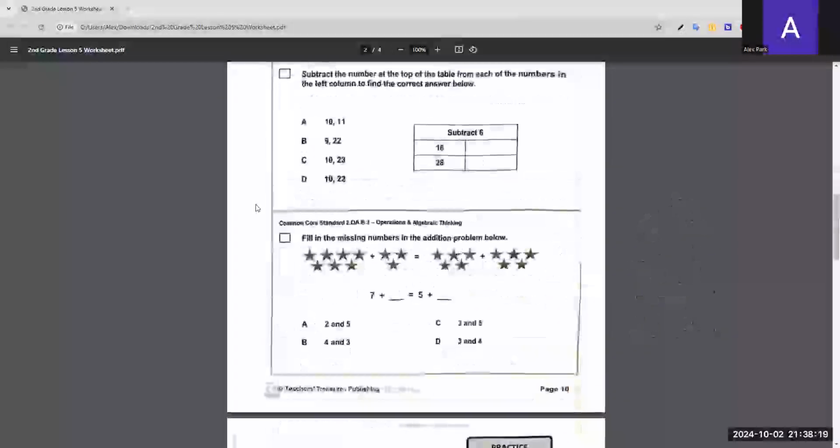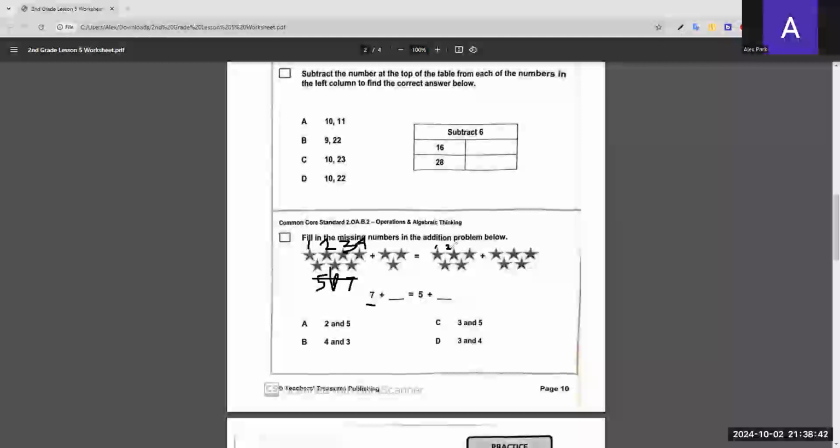All right, next, fill in the missing numbers in the addition problem below. 7 plus blank equals 5 plus blank. So the numbers here represent the number of stars here. And we can confirm that by doing 1, 2, 3, 4, 5, 6, 7.